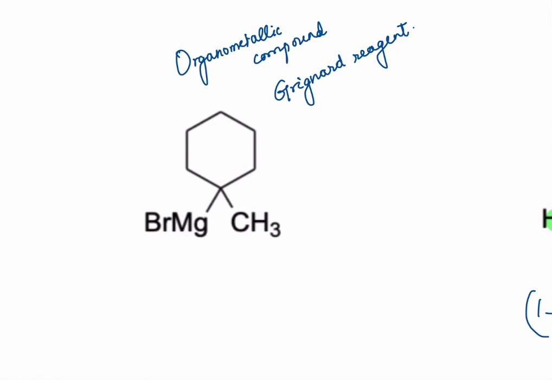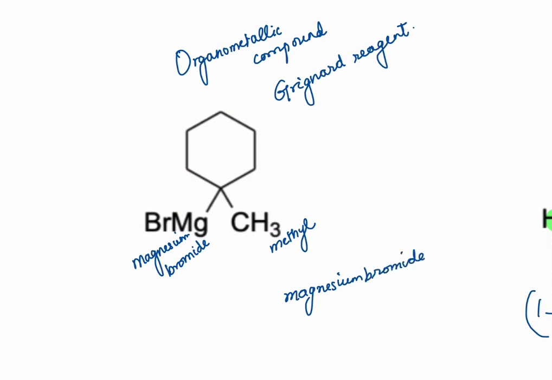Okay, now let's see how we are going to identify the name for this molecule. Again, this part right here is cyclohexane, right? And you have a methyl group. So it will be methylcyclohexyl. And this is magnesium bromide. Since it is a Grignard reagent, since it is an organometallic compound, the parent name would be magnesium bromide.